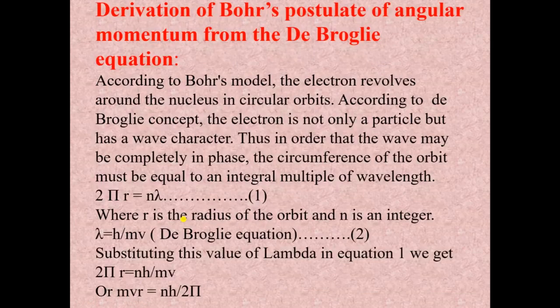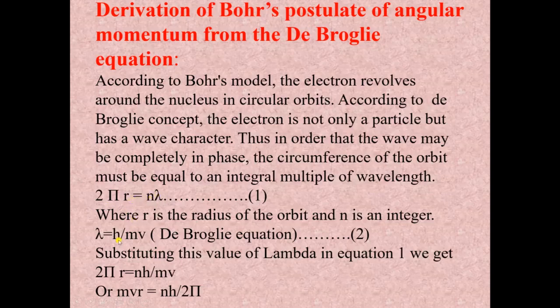Now there is a derivation of Bohr's postulate of angular momentum from the de Broglie equation. According to Bohr's model, electrons revolve around the nucleus in a circular path. And according to de Broglie's equation and his concept, electron also possesses dual nature, particle-like nature as well as wave-like nature. So we can say that the circumference of the orbit must be equal to an integral multiple of the wavelength. So here we can write 2 pi r is equal to n lambda. Here r is the radius of the orbit, n is the integer.